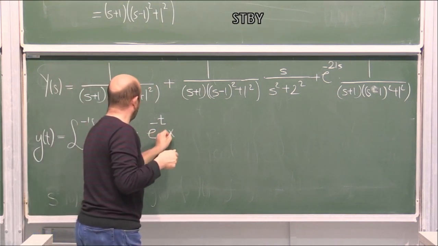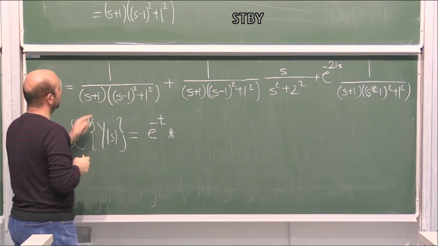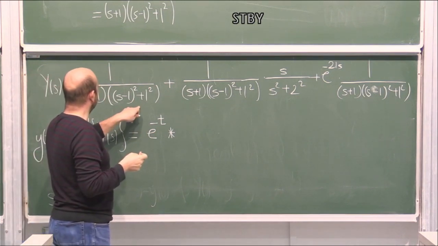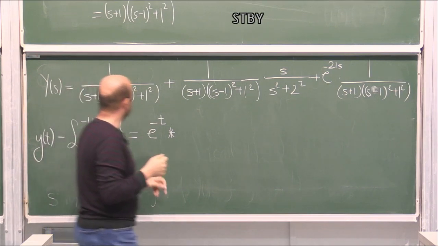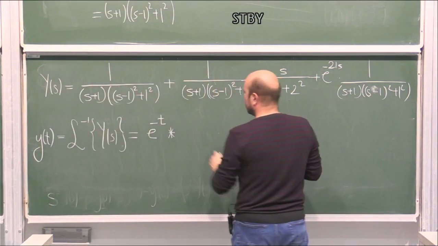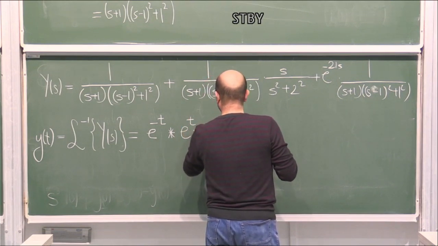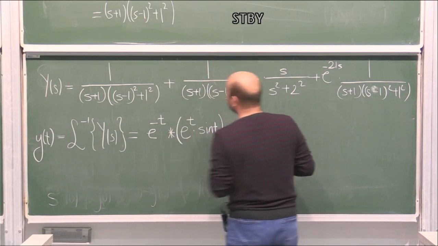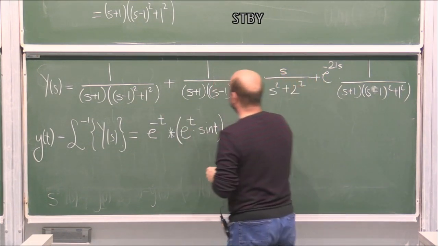Now I convolve this with the inverse of this one, which is obviously a sine, but there's a shifting in the s domain, which means it is multiplied with an exponential in the time domain. So if you write e to the t sine t, its Laplace will be this.